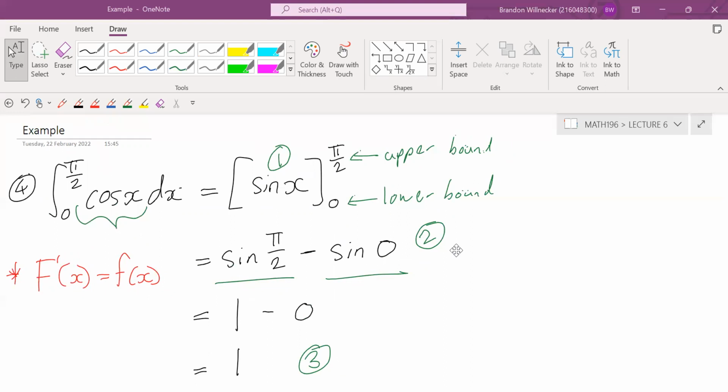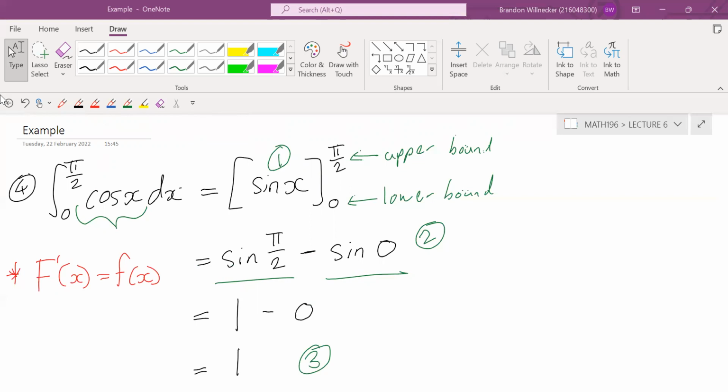Okay, so just before we go, a definite integral is when you have this over here, what we've been looking at. We go from some lower bound to some upper bound. We call that a definite integral because we get some number in the end. So it's a definite number, hence definite integral.